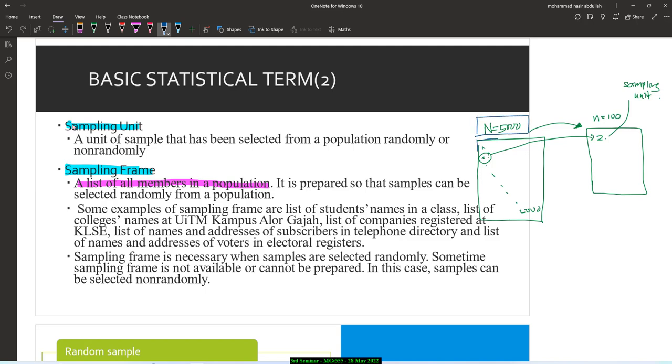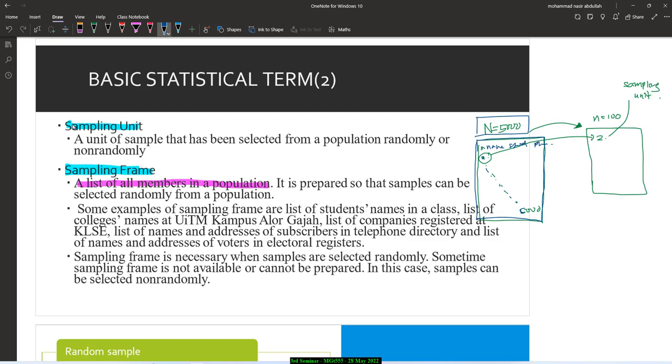So we want to select 100 students using a random sampling method, so we need a list of all members, all students in UiTM Tapah, from number 1 until number 5,000. So this list should consist of their information, such as name, student ID, phone number and so on.